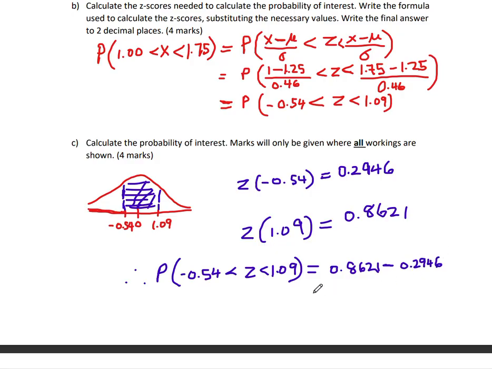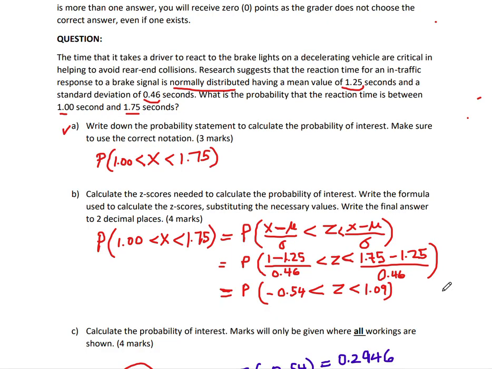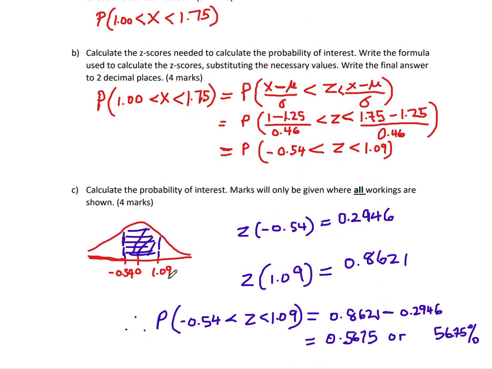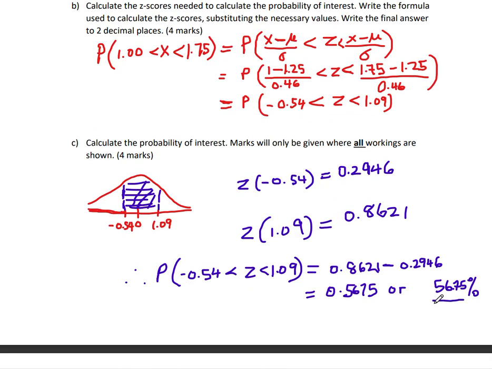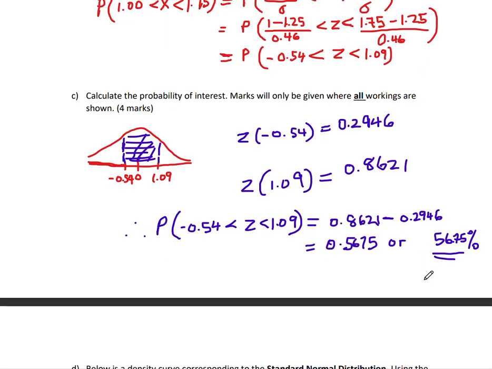And then we simply subtract them, and we get a result of 0.5675, which means that there's a 56.75% chance that the interval for this data set, which is the reaction time, will be between 1 second and 1.75 seconds. The probability of that happening is 56.75% for this normally distributed population.